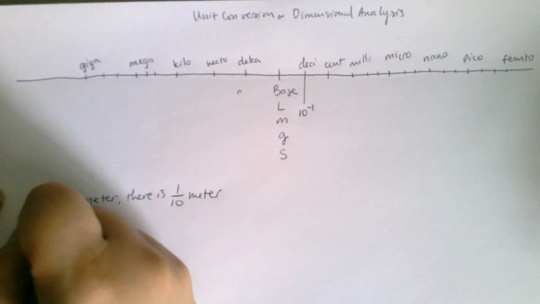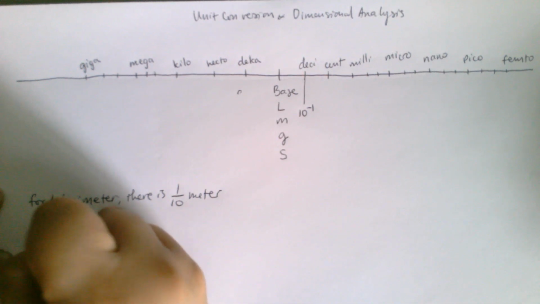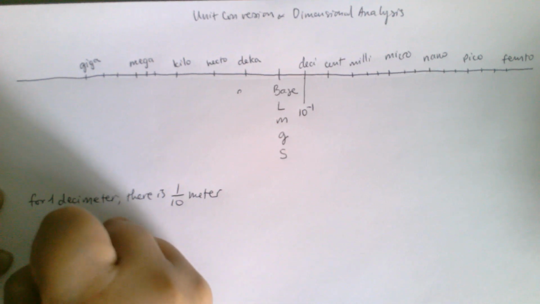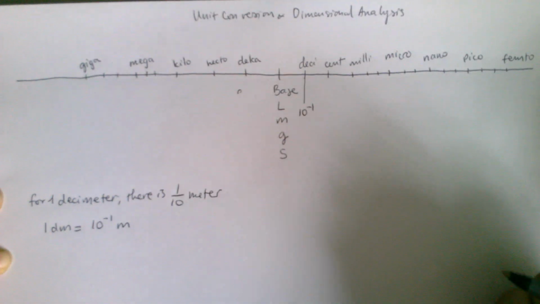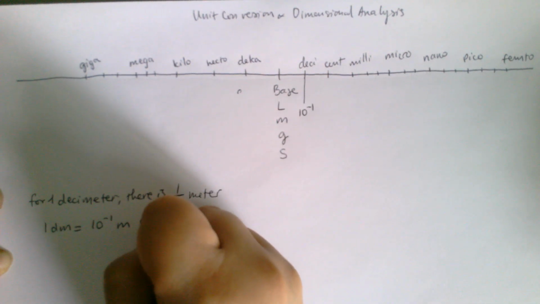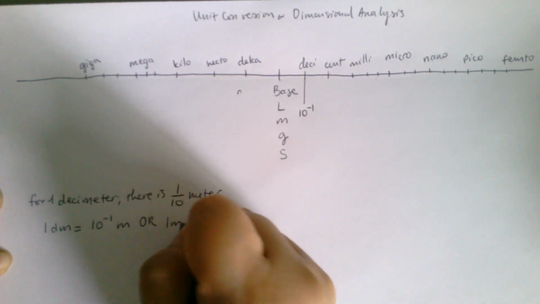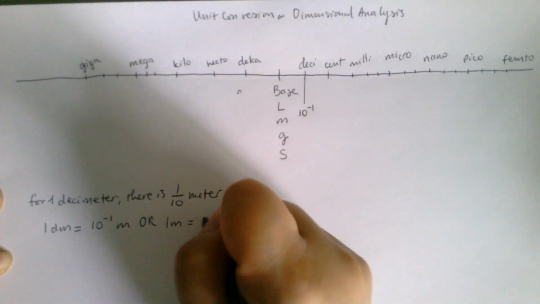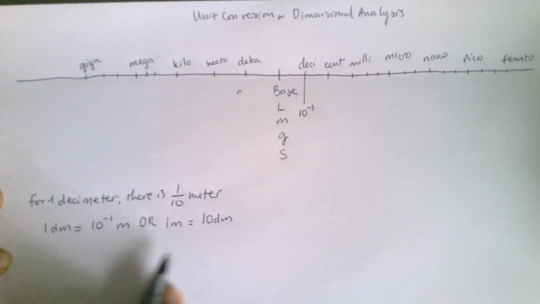So we can write 1 decimeter equals 10 to the negative 1 meter. Or we can say the opposite. We can say that for 1 meter, there are 10 decimeter. These statements are the same.